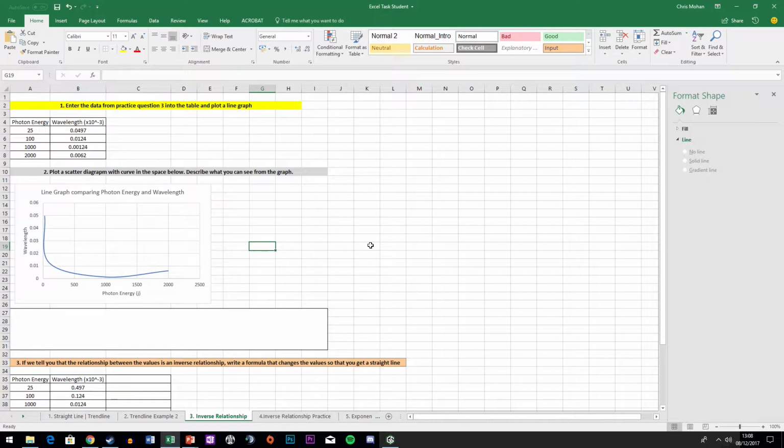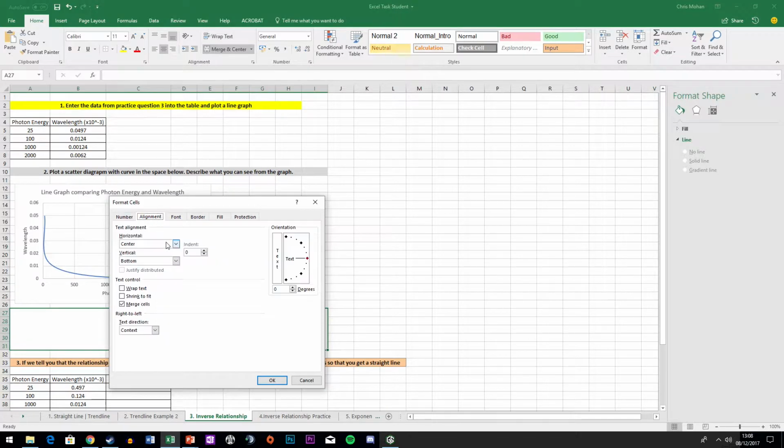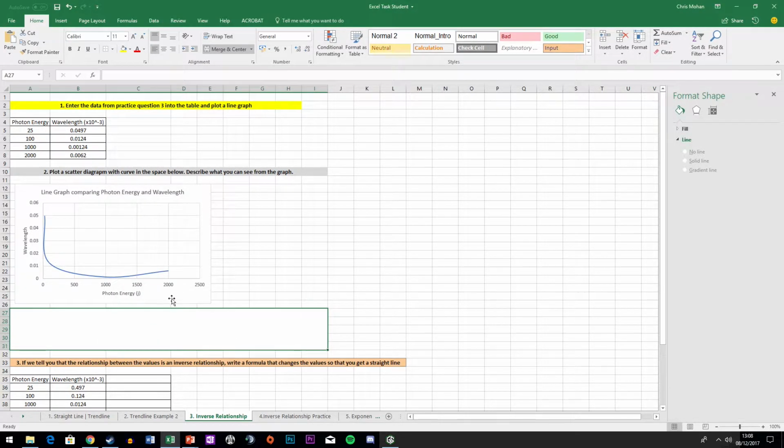Okay, you can see that we definitely do not get a graph that can be described in any way, shape or form from what we had beforehand. We can say, well, what could we say about our little graph here? So I'm going to change my alignment so that at least it makes sense. I'll say it's kind of an upside down graph.